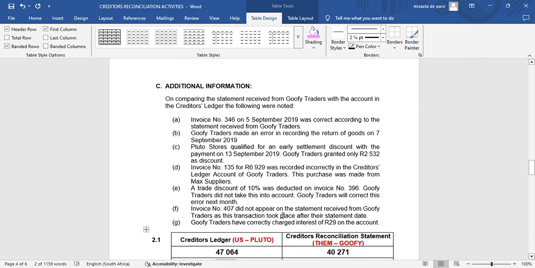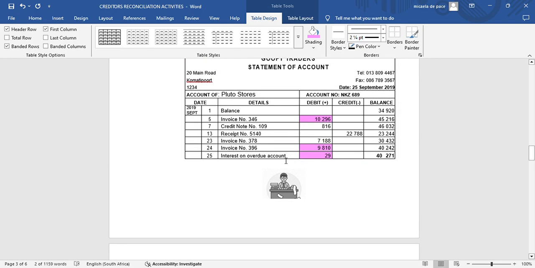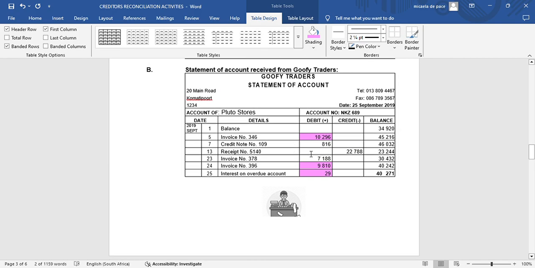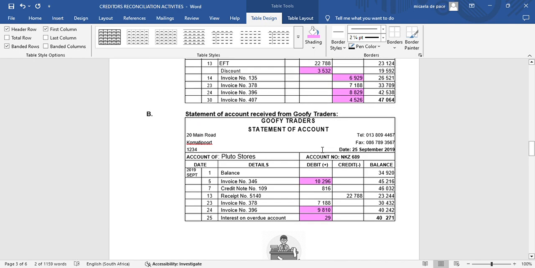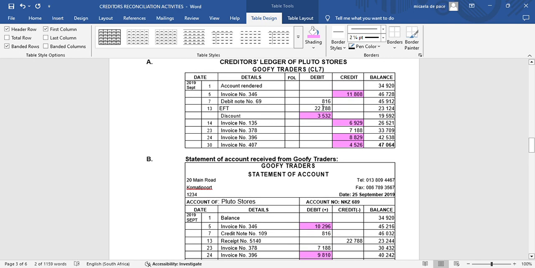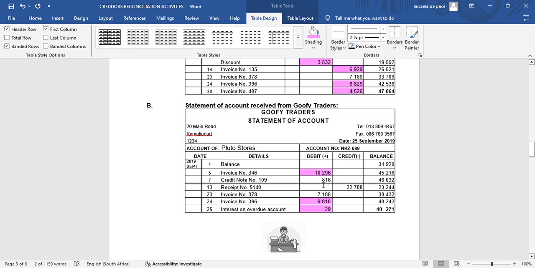The second one: Goofy Traders made an error regarding the return of goods on the 7th of September. Goofy is them, so we know that they are wrong. If we have a look on the 7th of September, and this one wasn't highlighted because the amount wasn't different to what was up there, but if you have a look at what they've done here, please remember that Goofy Traders, we are their debtor.